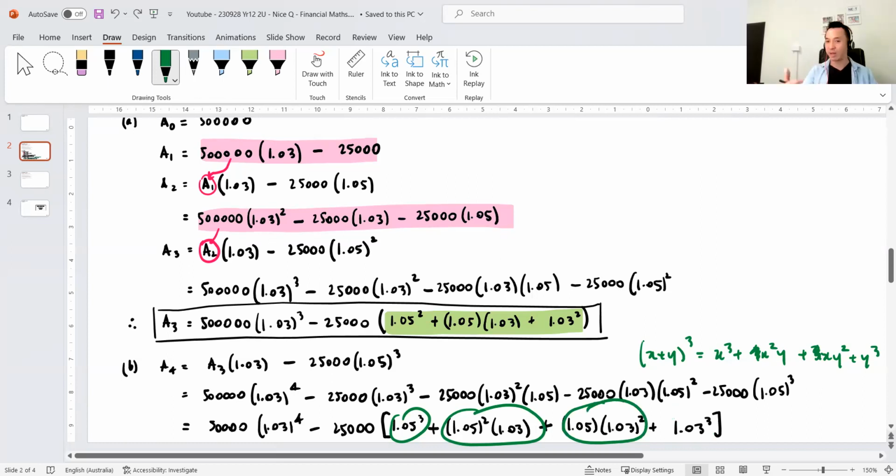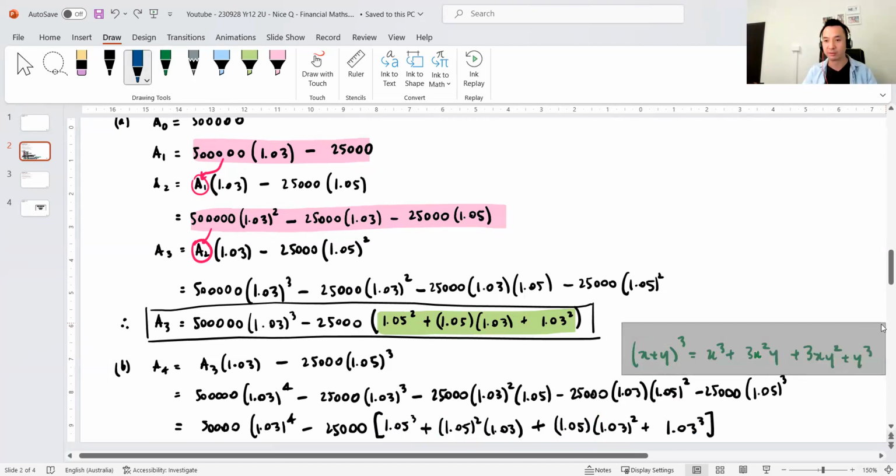It's like expanding that. Another way to see it is you basically take the first number and it decreases by 1 power each time, and then you take the second number and you start from power 3, power 2, power 1, disappears. So you sort of converge. Now, that's important because therein lies my pattern.